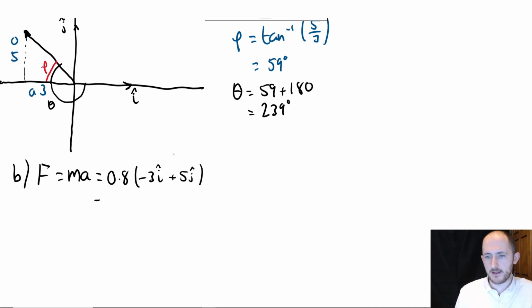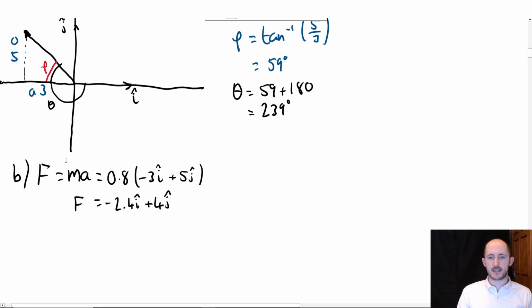So if we expand that, 3 times 0.8 is going to be negative 2.4i, and that's going to be 4j. Okay, so that is what my vector is for force, because remember force is a vector. If you ever have a scalar multiplied by a vector, it always gives you a vector.